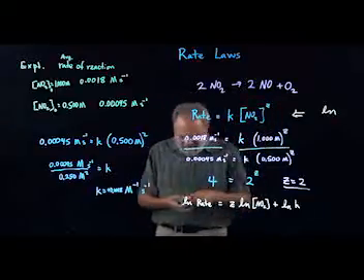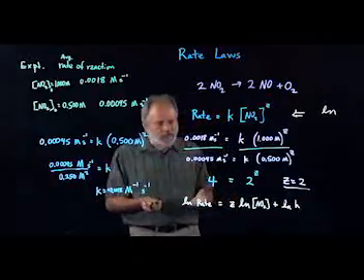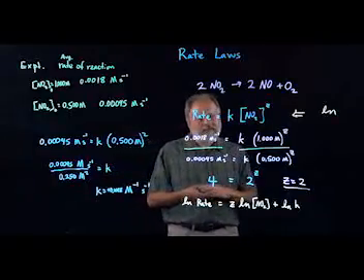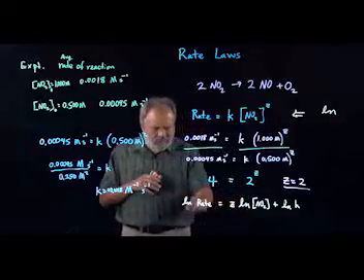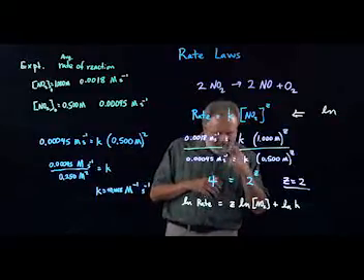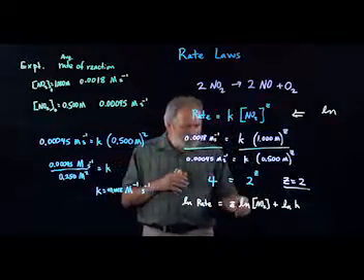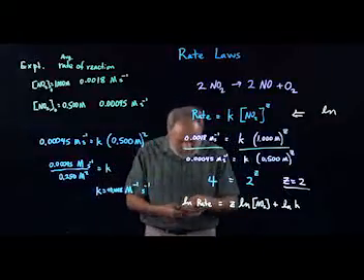And so what you would do in the laboratory is you'd measure the rate somehow as a function of the reactant concentration, and then take your rate number that you get, take the natural log, take the concentration you started with, take the natural log, and plot those numbers. This is your y.